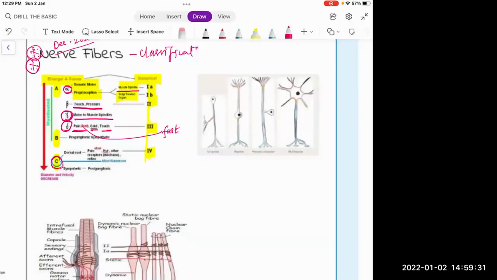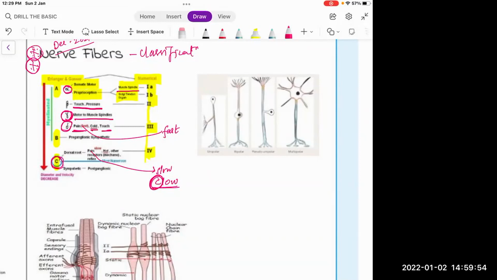And you have C fibers, which are also for pain, that is slow pain. Remember, C, slow. Spell slow as CLOW. So that is C fibers. This is just for your understanding and remembrance. Fast fibers, delta fibers.